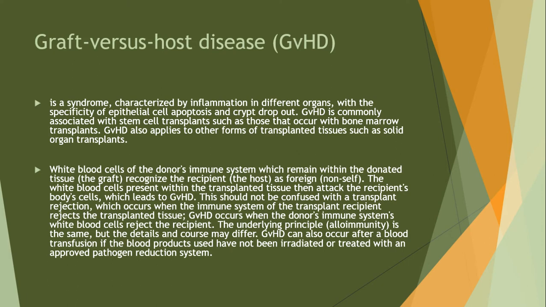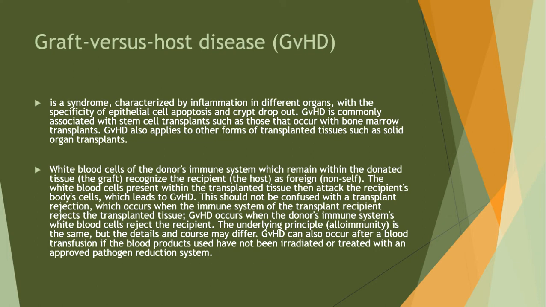This should not be confused with a transplant rejection, which occurs when the immune system of the transplant recipient rejects the transplanted tissue. A graft versus host disease occurs when the donor's immune system, white blood cells, reject the recipient. The underlying principle of immunity is the same, but the details and course may differ.